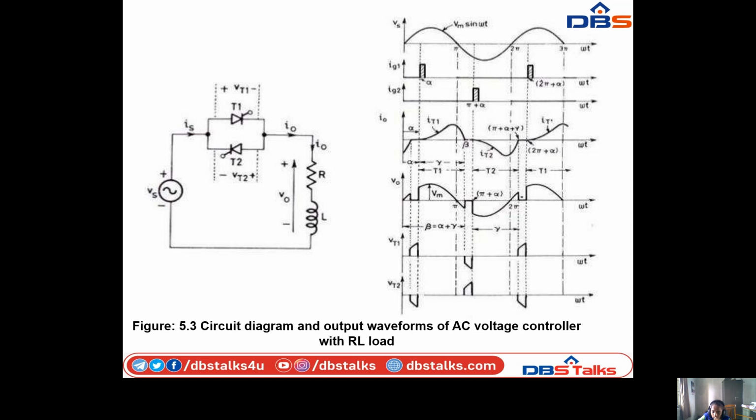Here we have to see the thyristor voltages VT1 and VT2. Thyristor voltage VT1 will be obtained before starting the thyristor, from 0 to alpha, and again from beta to pi plus alpha, and from 2 pi to 2 pi plus alpha VT1 will be obtained, and VT2 will be obtained from alpha to pi.